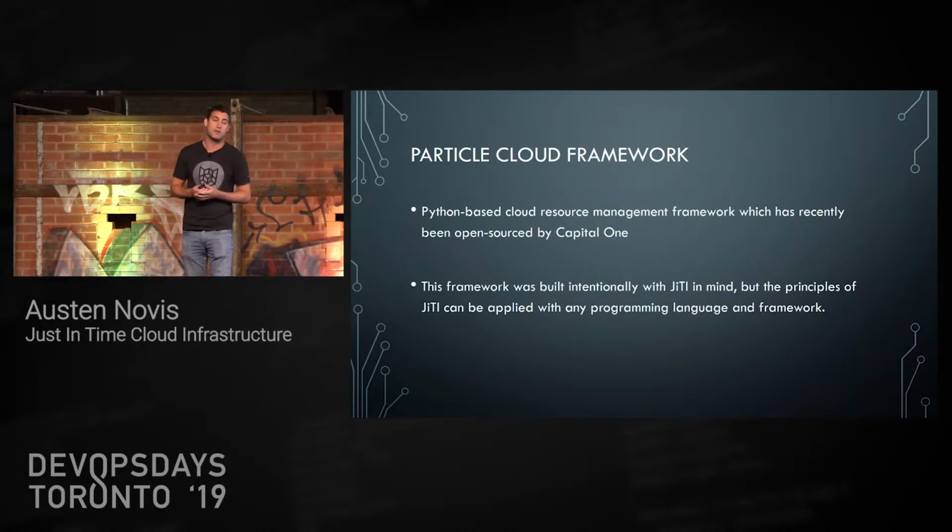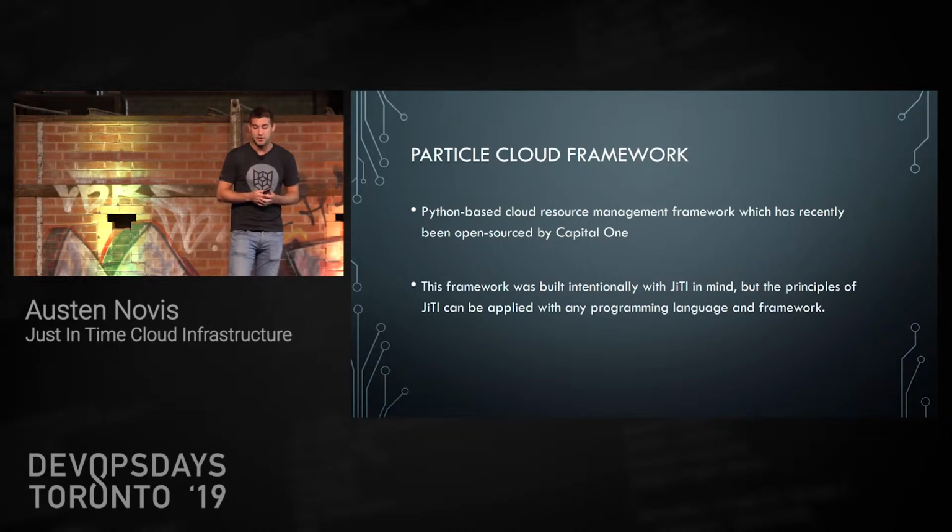What the Particle Cloud Framework does is abstract cloud resources into their lifecycle stage, such as running, terminate, or stop, and allows users to declaratively interact with their resources without requiring any knowledge of the current state or having any store of state files you'd have to manage. Additionally, this framework is built around defining relationships between these resources in a dependency graph way, so you make sure your infrastructure is created, updated, and deleted in the correct sequences.